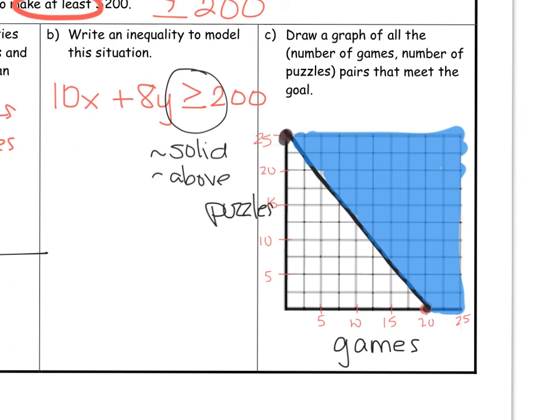Let me get my highlighter. But any of these things will work. 10 games and 20 puzzles will work. 15 games and 15 puzzles. I could have 20 games and 5 puzzles. I could have 10 games and 15 puzzles. Any of these sets of ordered pairs will work in the inequality because I want to make at least $200.